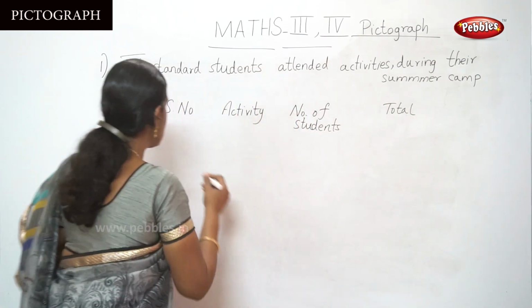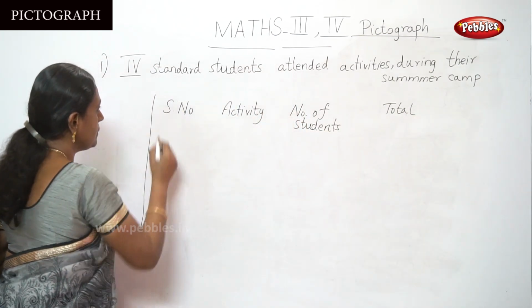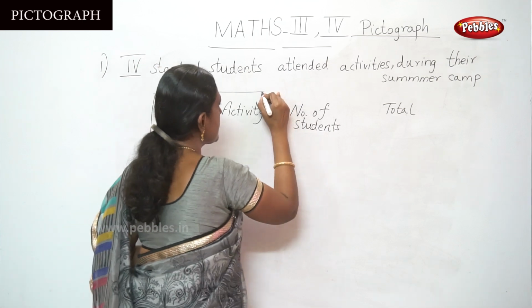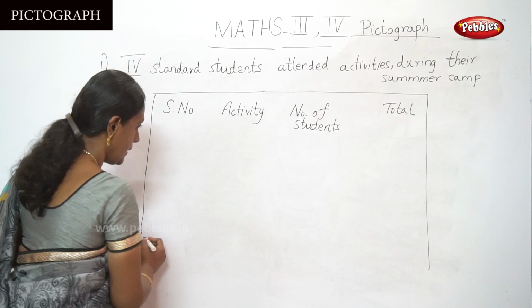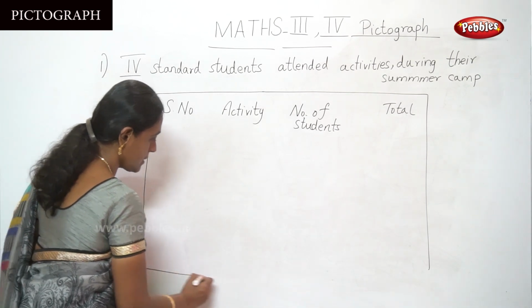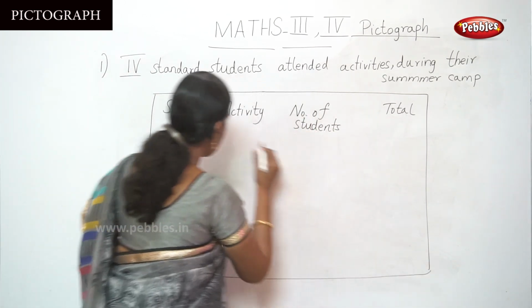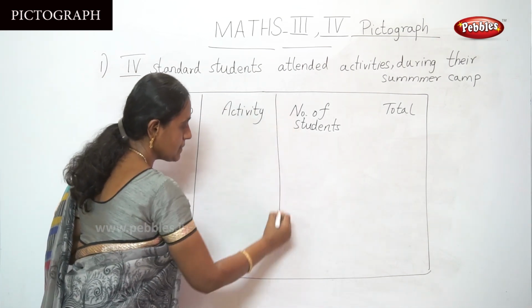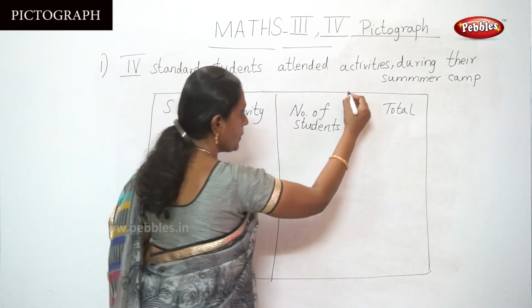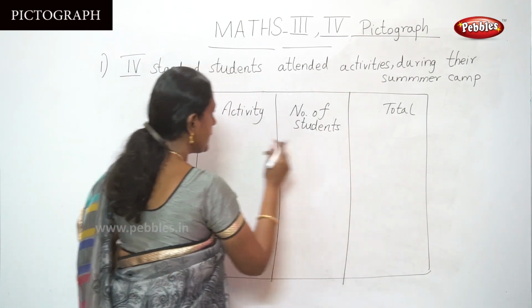We are going to prepare a table for this sum, and let me make the questions and discuss the answer later. And this is our table: serial number, activity, number of students, and the total.